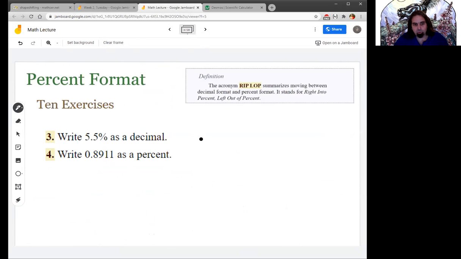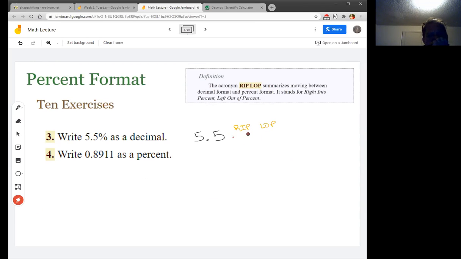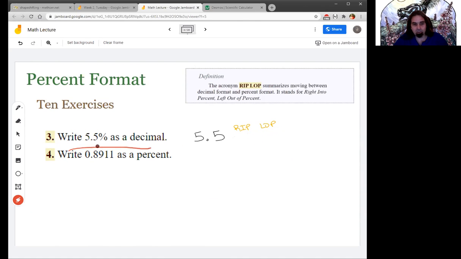Okay, so I have 5.5%. Am I doing rip or lop? Right into percent or left out of percent? Which one am I doing here?